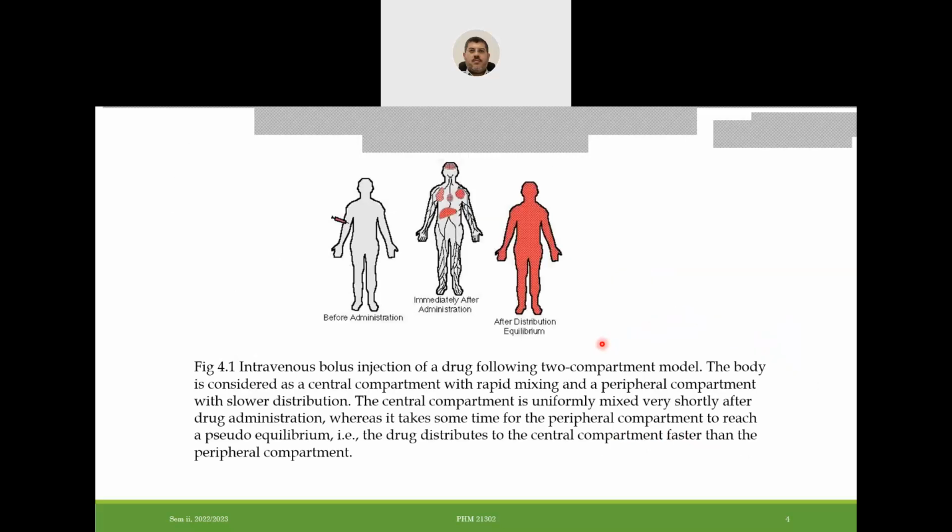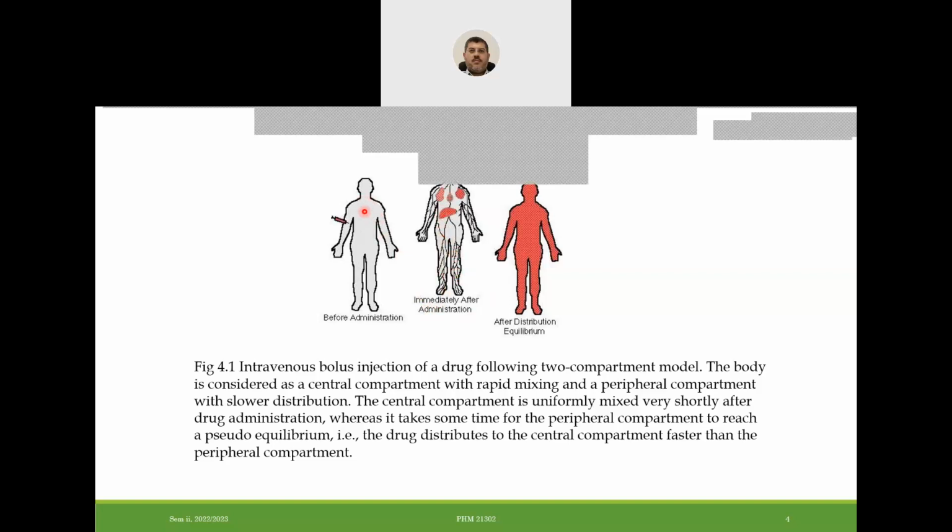To confirm this, if you give a labeled drug, for example, you can scan and identify from the image the areas that have luminescence, which indicate the presence of the drug in areas of the body. So in the two compartment model, this is what happens. Before administration, there is no drug in the body. With a drug given by IV bolus injection, immediately after administration it can be traced in the blood circulation.